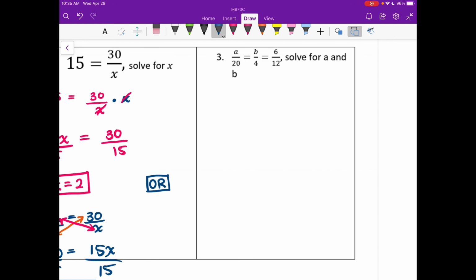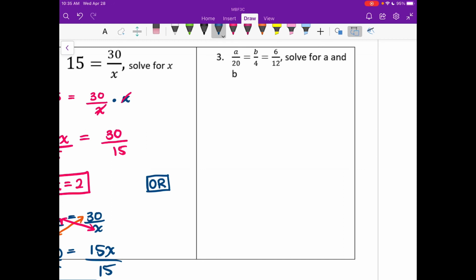The other thing I can do is b over 4 and make it equal to 6 over 12 as well. 6 over 12 in this situation is the only one that I know a number for. Like, I know both numbers, so I have to use that. I'm looking for a. I don't know what b is, so making a over 20 equal b over 4 is effectively useless for me because I can't solve anything. I'm just going to be left with 2 variables.